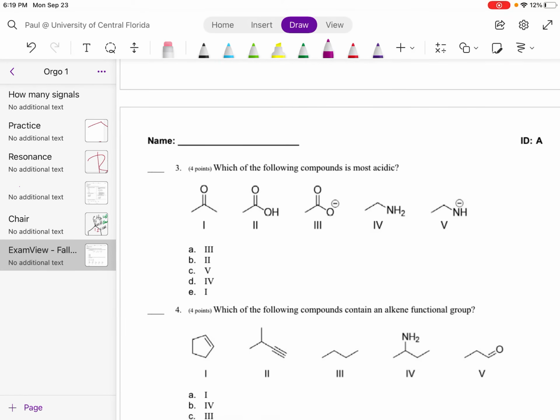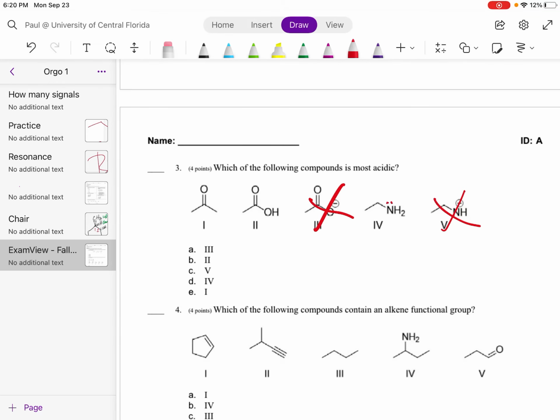Which of the following compounds is the most acidic? Well, when we take a look at this, we can scratch these out because they're bases. They have negative charges.